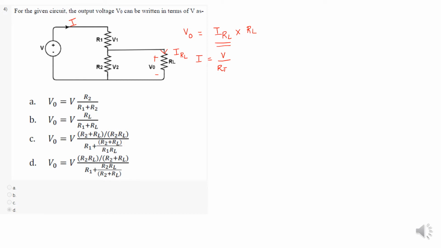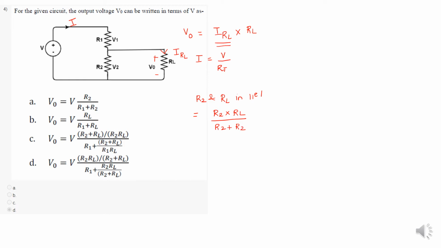Here, R2 and RL are both connected in parallel, and that combination is in series with R1. So R2 and RL in parallel first. The net resistance is R2 into RL, the whole divided by R2 plus RL.